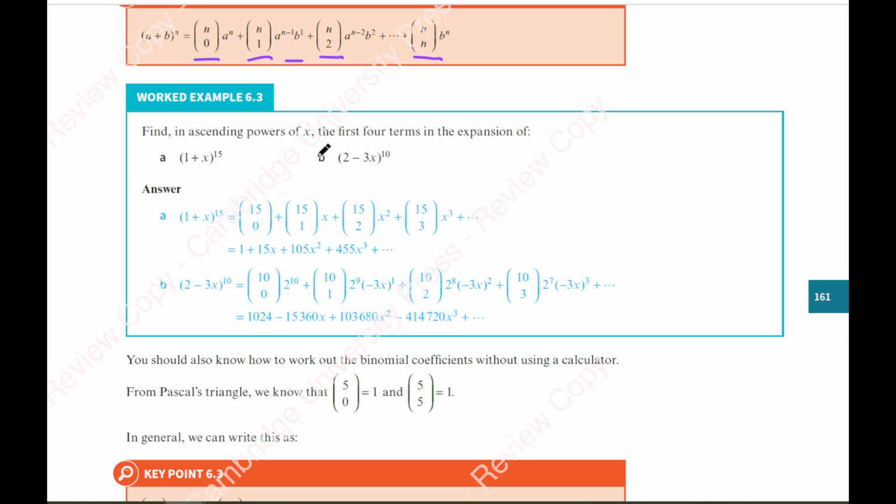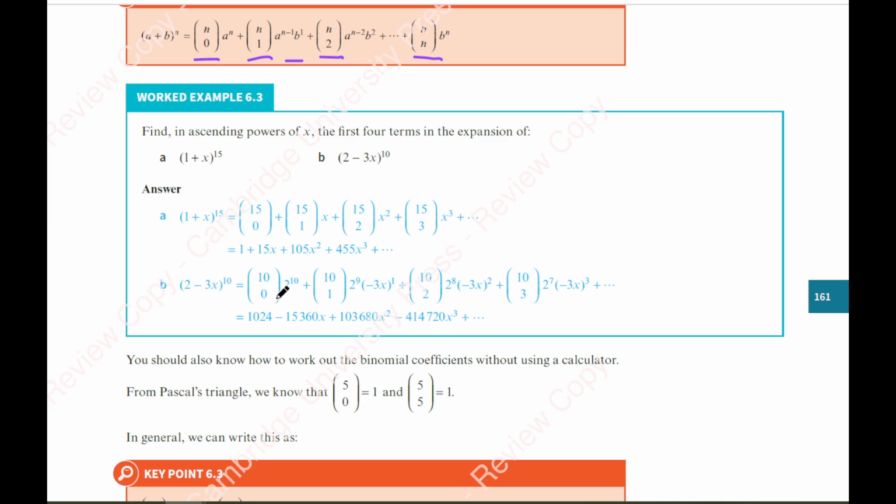If you want to find the first four terms, you do the coefficient, and here you have the first term to the largest power. Then the second term: you take the first term in the brackets to a power smaller by 1, but you take the second term and multiply it by everything, and you take it to the power of 1, and so on. So this number shows you to which power you have to take the second term.